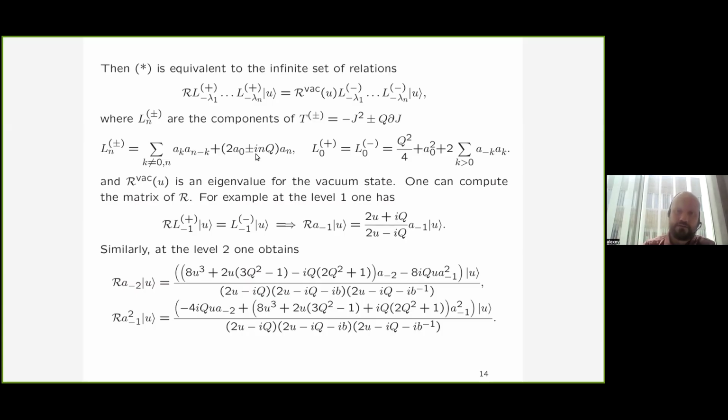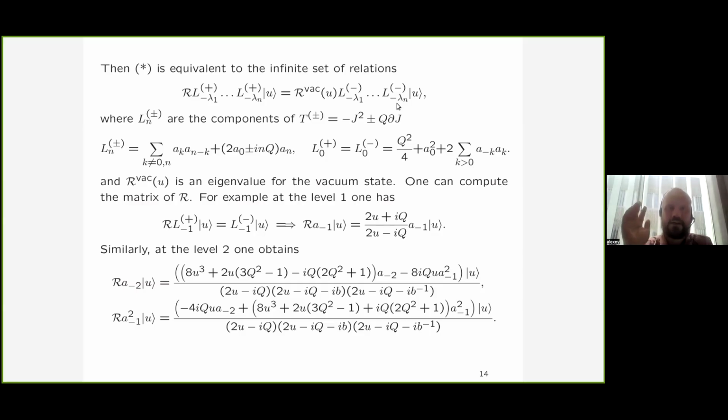And this sign does not matter because the central charge depends on Q squared. So both of them generate isomorphic Virasoro algebras, and what the operator R does is just intertwine between these two. It's basically given by this formula.